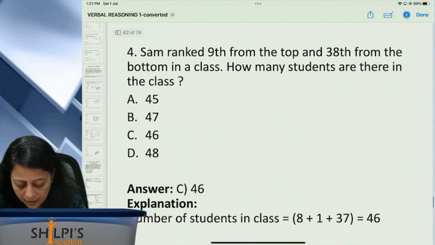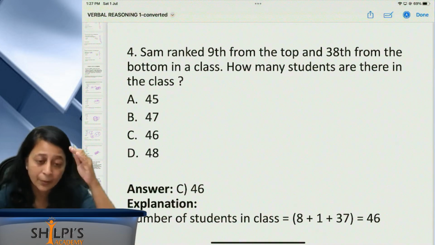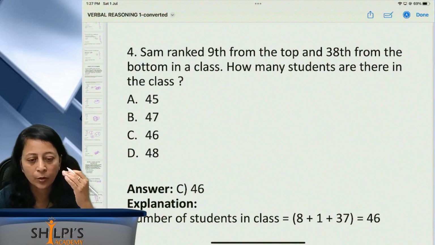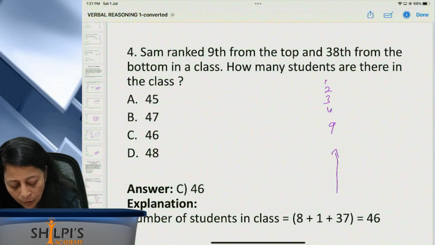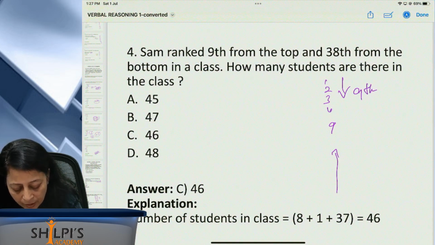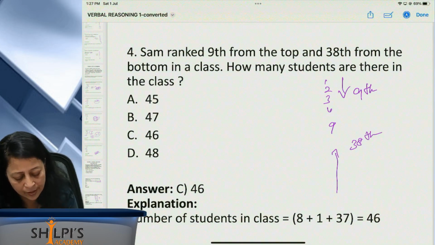Next question. Sam ranked 9th from the top, and from the bottom he is the 38th. How many students are there in the class? Okay.